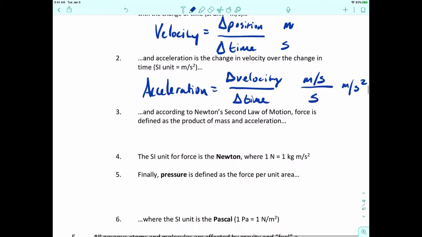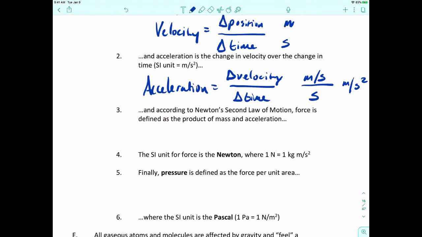Okay. Now, according to Newton's second law of motion, force is defined as the product of mass times acceleration, or F equals ma. The unit that we use for mass is the kilogram. Okay, so let me put that in. And the unit for acceleration is meters per second squared.